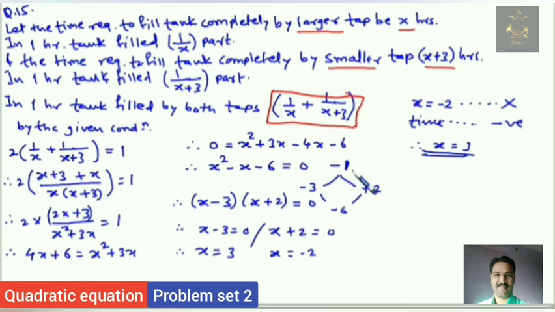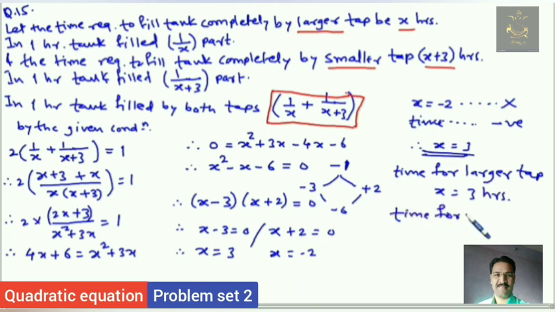So the time for the larger tap is x equal to 3 hours, and the time for the smaller tap is x plus 3, that is 3 plus 3, 6 hours.